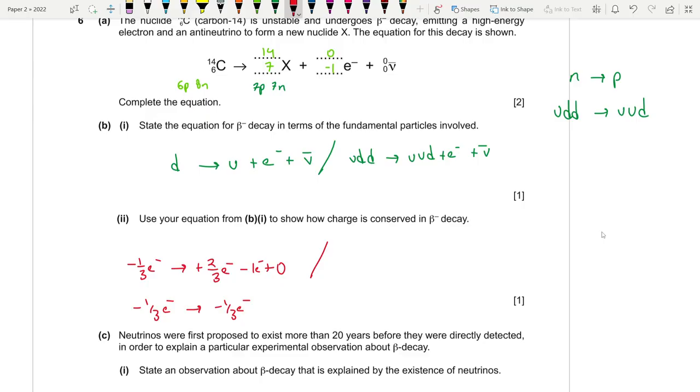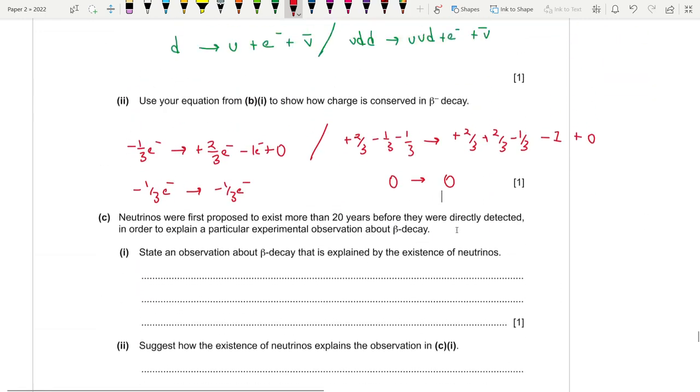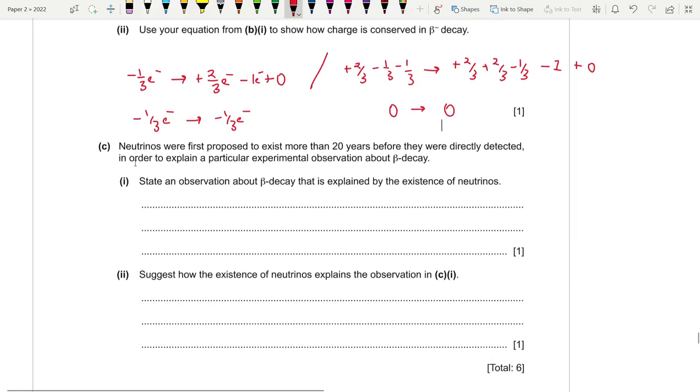Okay, makes sense? It's conserved. Or on this side, it was plus 2/3 minus 1/3 minus 1/3 is equal to plus 2/3 plus 2/3 minus 1/3 minus 1 plus 0. So this one in total is 0, and on this side, try it. 2/3 plus 2/3 minus 1/3 minus 1, it's also 0. Okay, see, it matches. This is the first time I've seen this question, by the way.